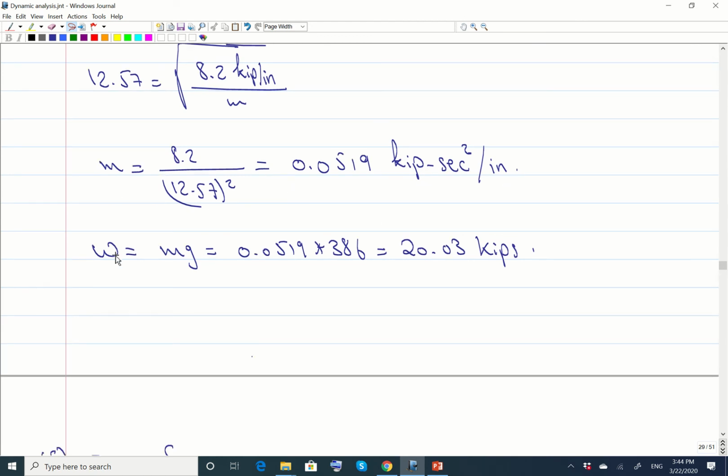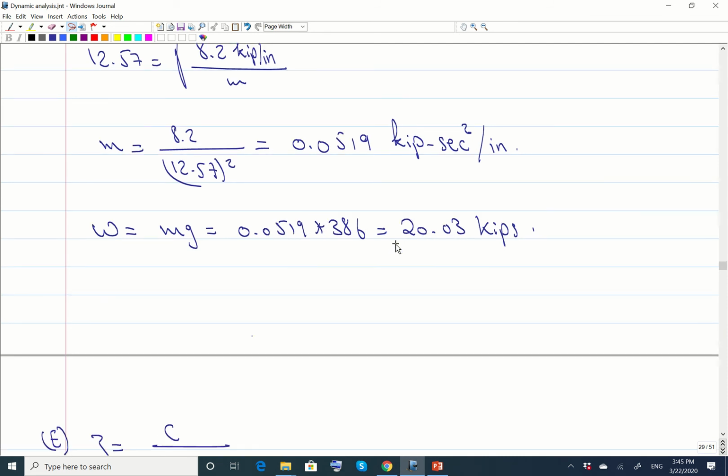Now, what is the weight? The weight is the mass multiplied by the gravity acceleration, which is 386 inches per second squared. So this is going to be in kips. Multiplied by this value, it's 20.03 kips.